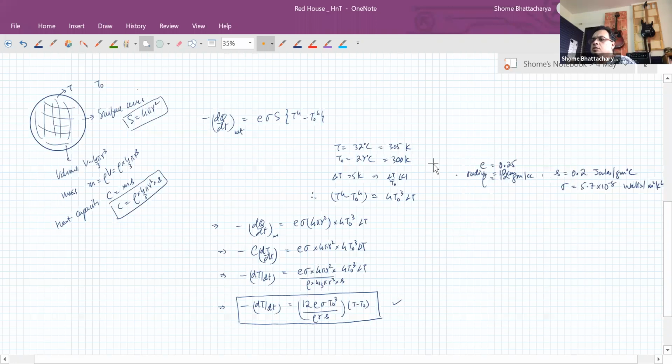These values I've already given you here, and the rest of the things are here. Just a minute. The density was 12 gram per cc.